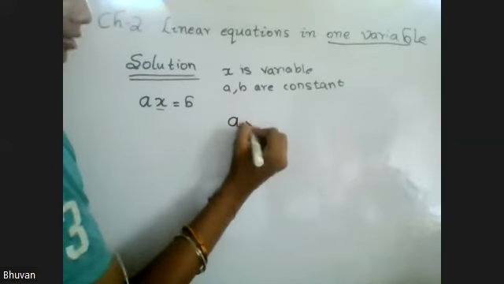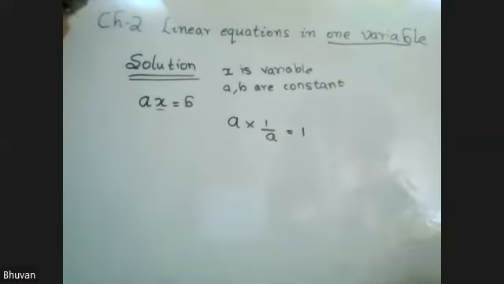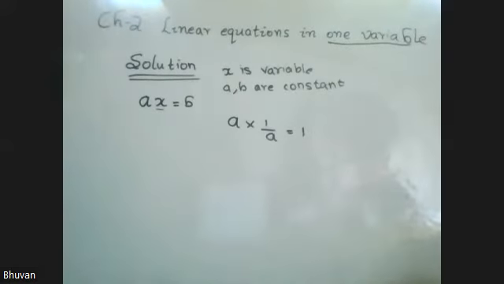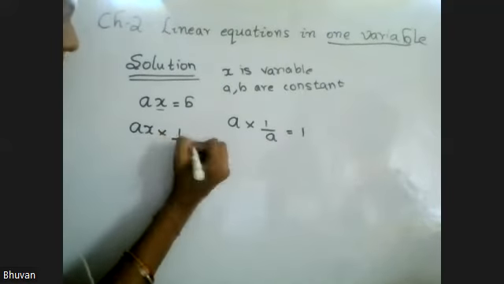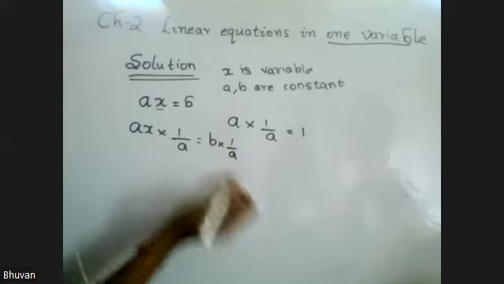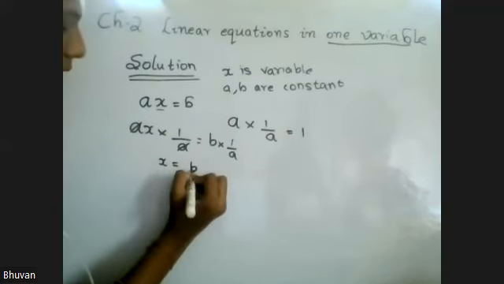So a into 1 by a will give 1. Okay. So if we multiply 1 by a on both the sides, then what will happen? The a will cancel, we'll get the value directly. So ax into 1 by a will give b into 1 by a. Am I right? So a will cancel. Then x is equal to b by a.